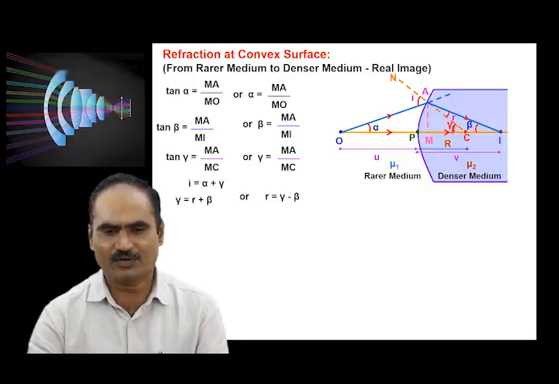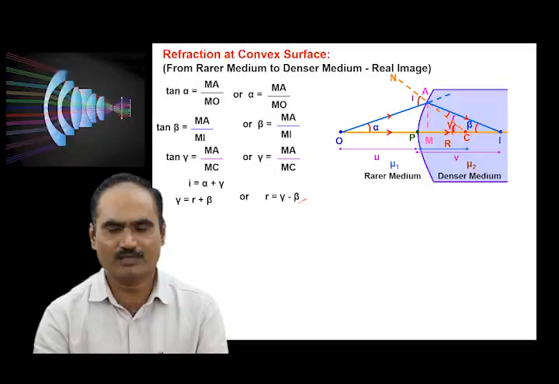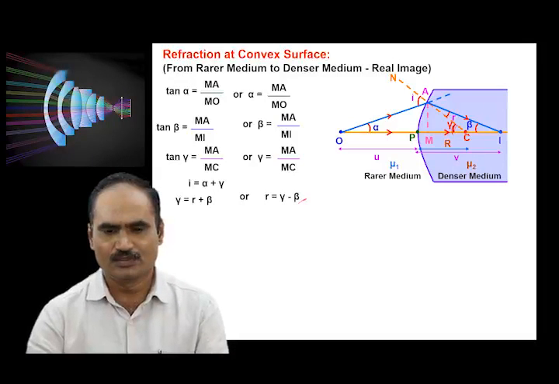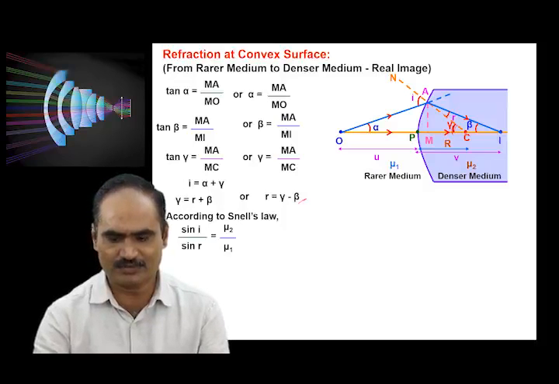Then angle r can be written as gamma minus beta. Then using Snell's law, we can write sin i by sin r is equal to mu2 by mu1. Sometimes, for simple application, you can use mu1 into sin i is equal to mu2 into sin r.